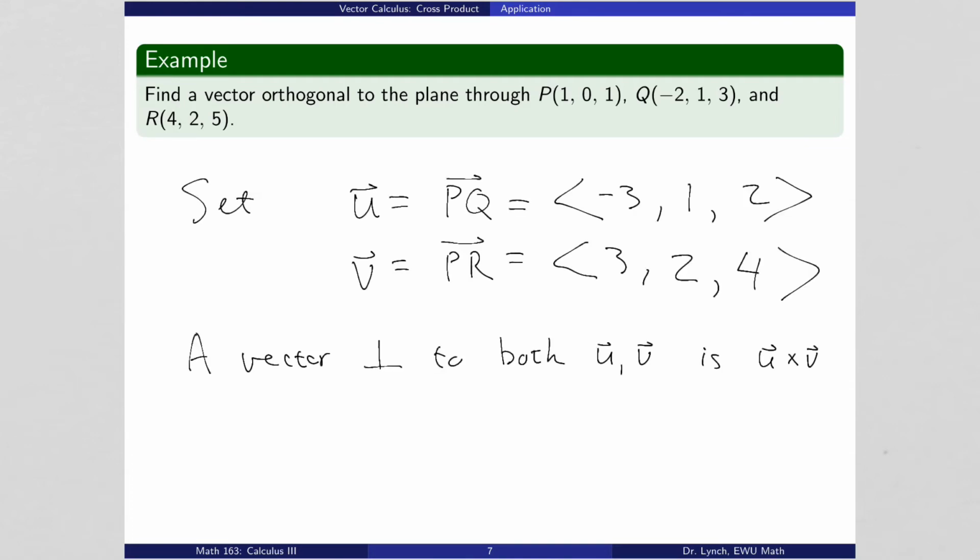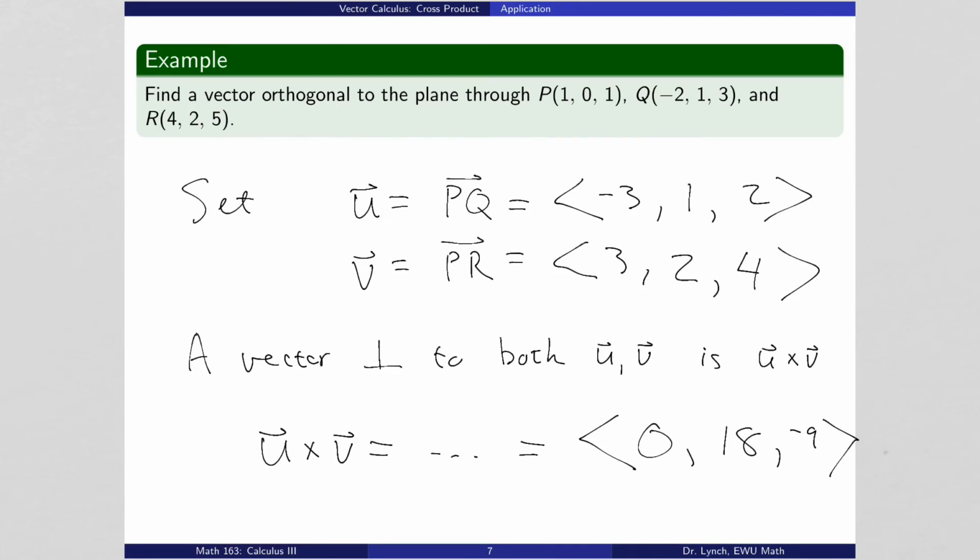So again, here we've taken U to be the vector connecting the point P to Q, so -3, 1, 2. We've taken V to be the vector connecting P to R, so 3, 2, 4. A vector perpendicular to both U and V, those are both in the plane, is given by U cross V. So we'll just crank out U cross V, and that's a vector that's orthogonal to this plane.